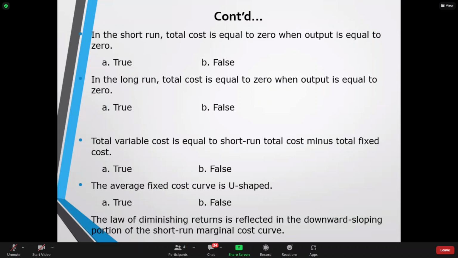True. Yes, correct. Okay. Next one. Average fixed cost curve is U-shaped.